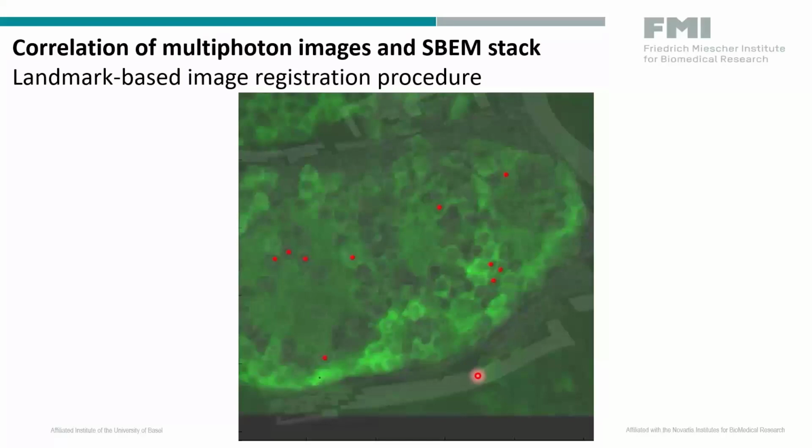And for that, the group of Rainer Friedrich used a landmark-based image registration procedure. So you see here, in the back, the overview of one slice, and this is the acquisition from the 2-photon imaging modality.